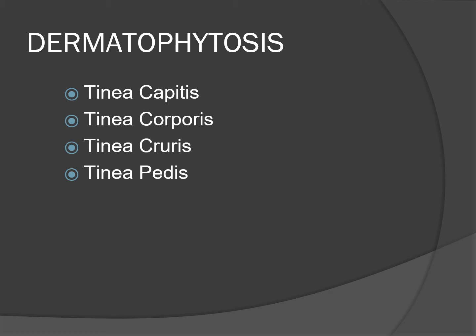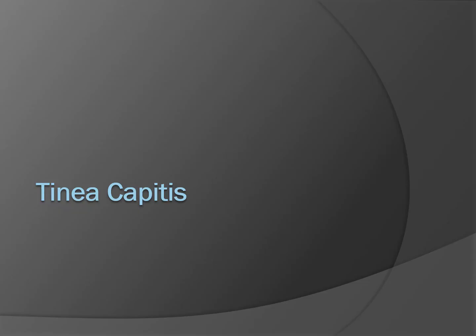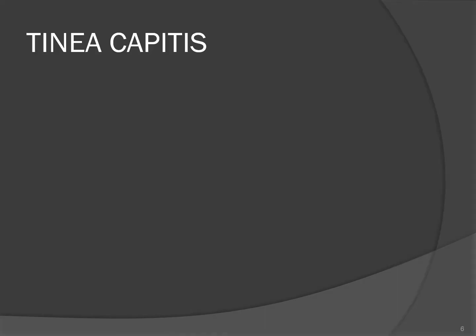Tinea corporis is dermatophytosis found anywhere on the body, except on the groins or other intertriginous areas, which is Tinea cruris, and on the feet, which is called Tinea pedis. Let's start with Tinea Capitis.